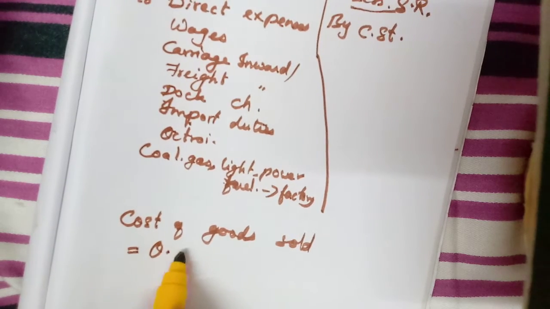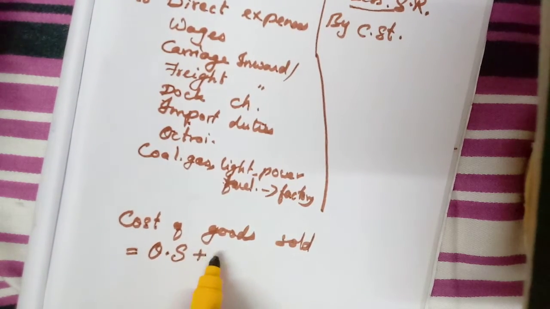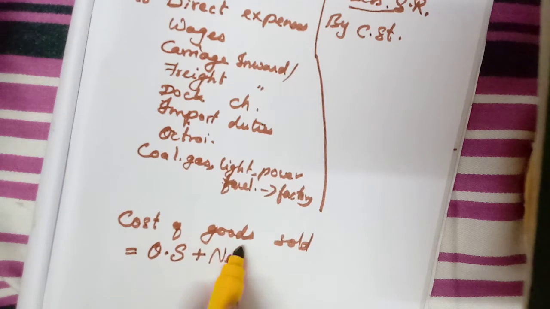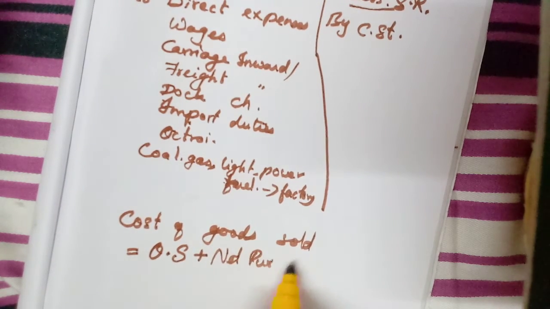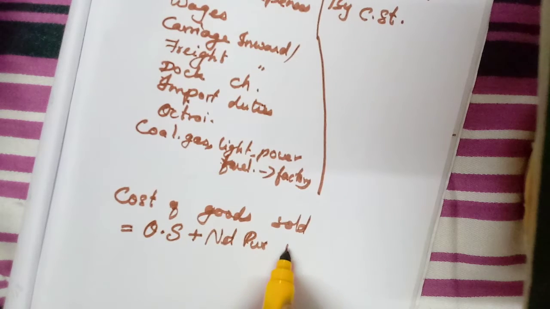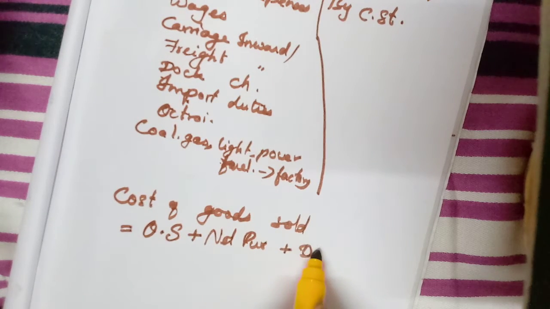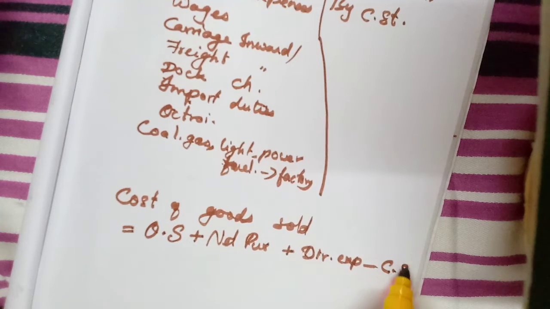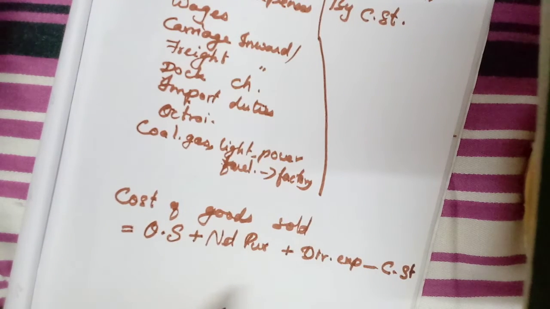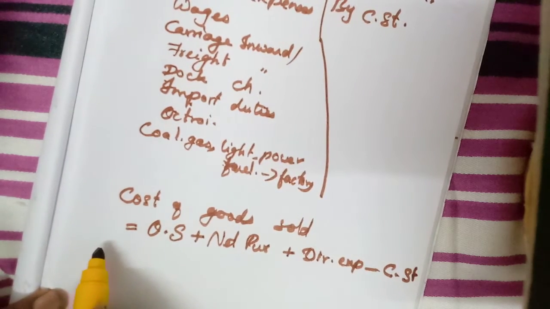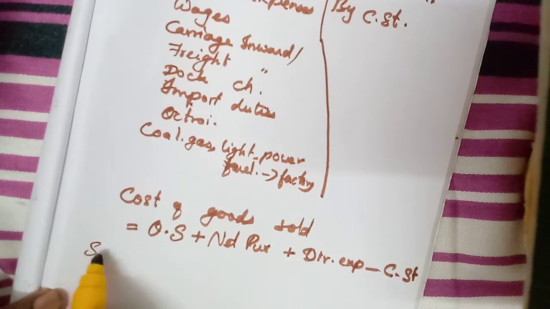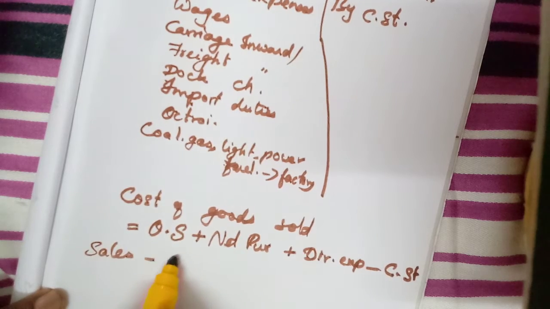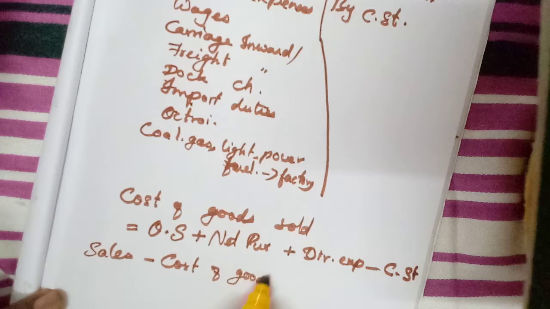For that, we take opening stock, add net purchases, then add all the direct expenses, then deduct the closing stock. We will get the cost of goods sold. Then from the sales, if we deduct the cost of goods sold, we will get the profit.